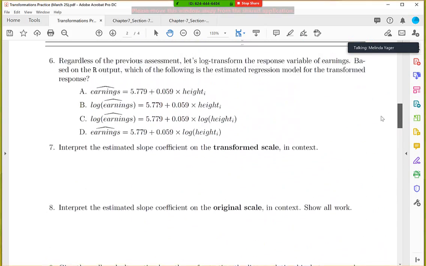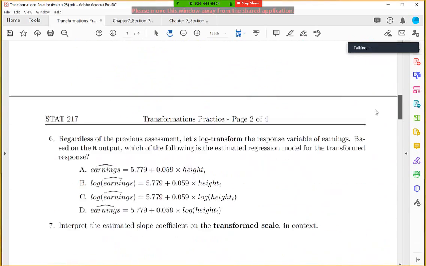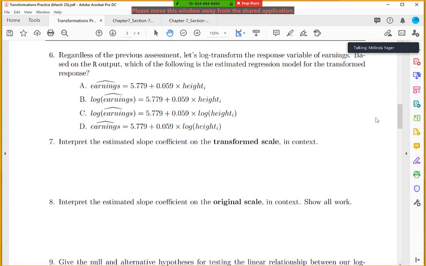All right. So here they're telling you just to log transform the response variable. So which would be the appropriate equation for the estimated regression model? A, B, C, or D?